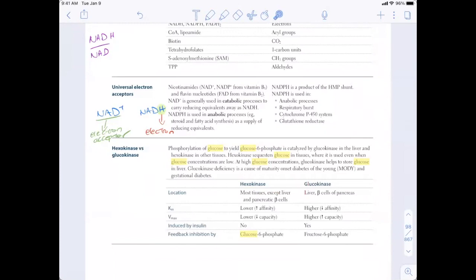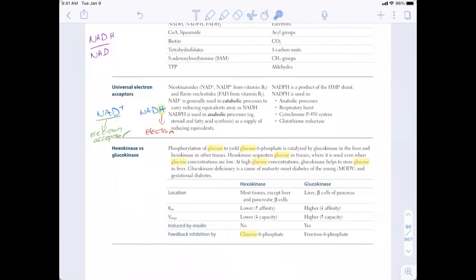So, subtle differences there. In terms of affinity and Vmax, this goes into your pharmacokinetics. Hexokinase has a lower Km, which means greater affinity, and it also has a lower Vmax. Vmax represents efficacy: how high do you go, how well do you get the job done.